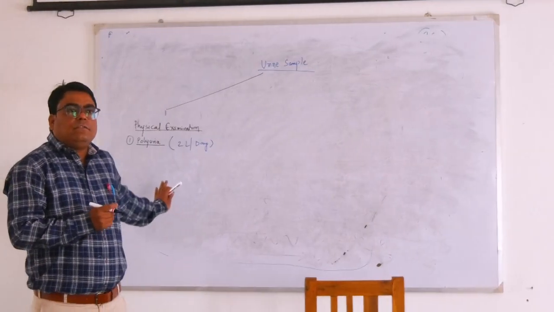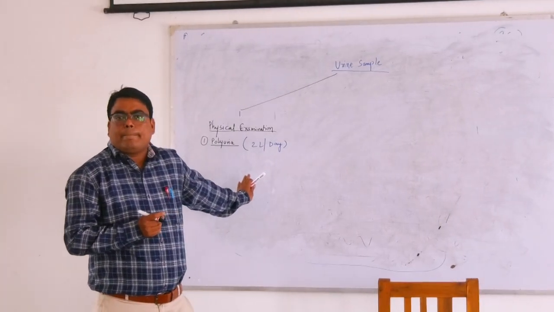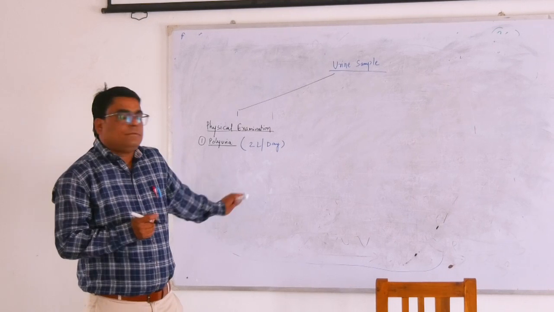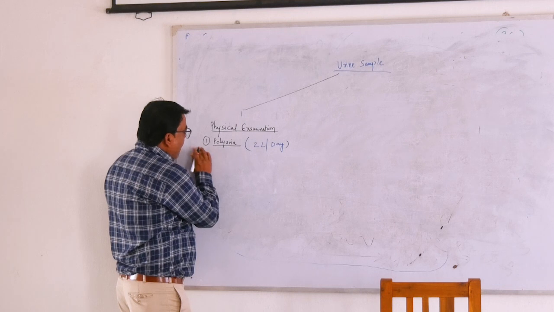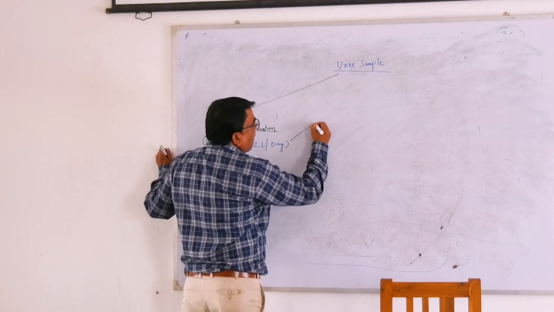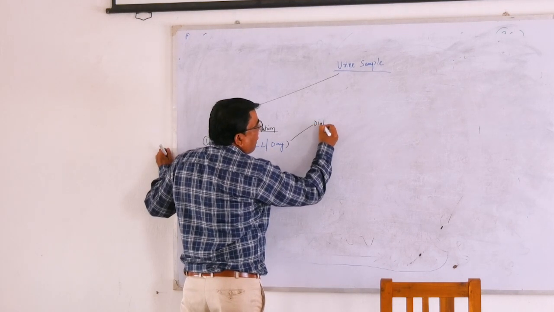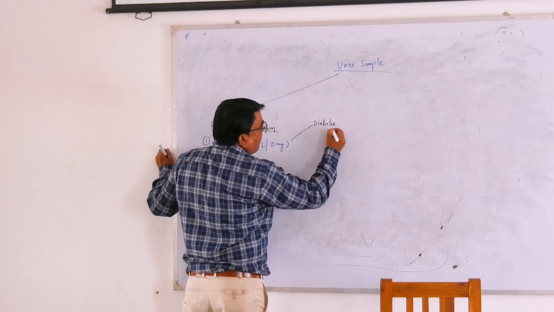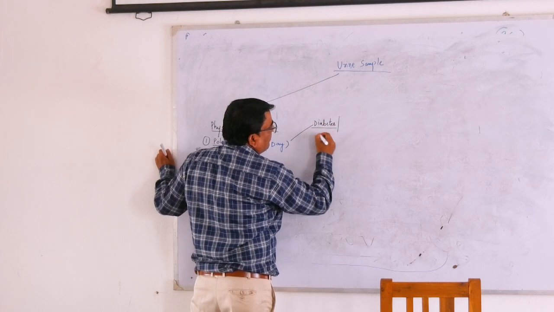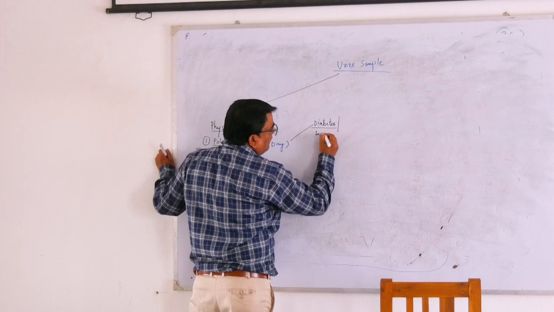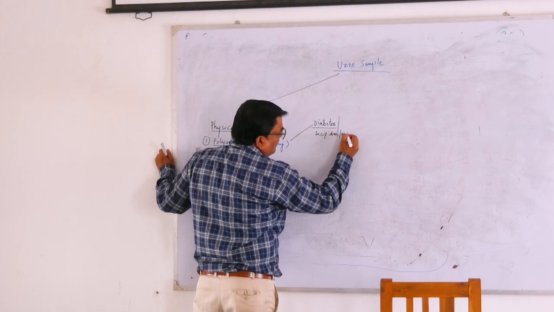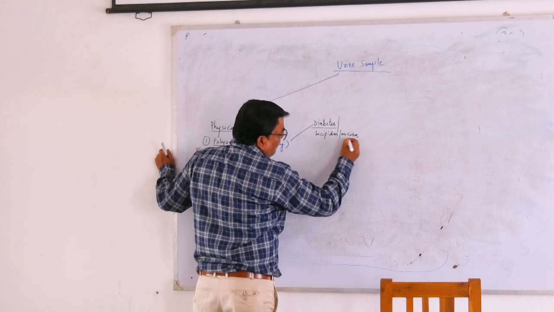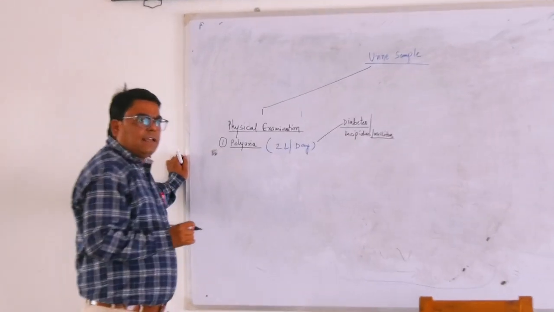Now tell me the condition where this polyuria occurs. Diabetes, both insipidus and mellitus, because we will discuss it in the next class.